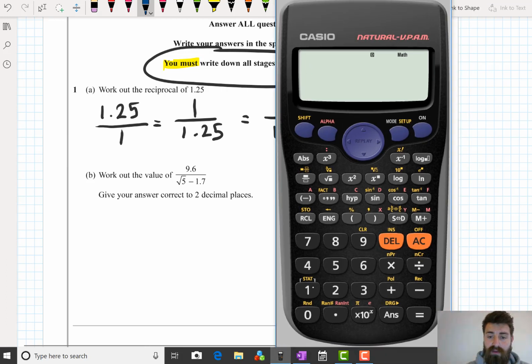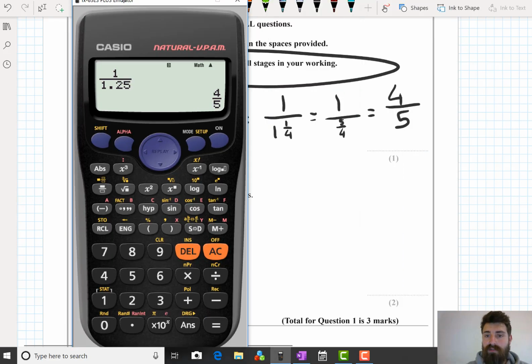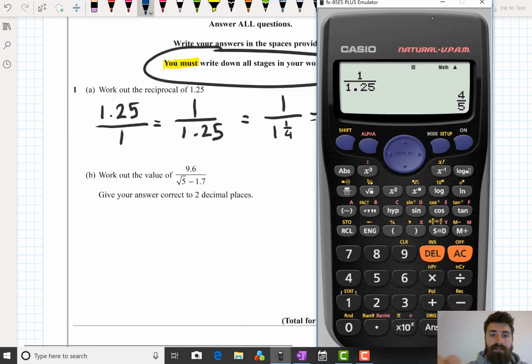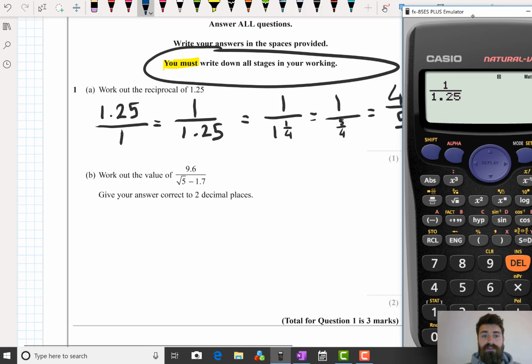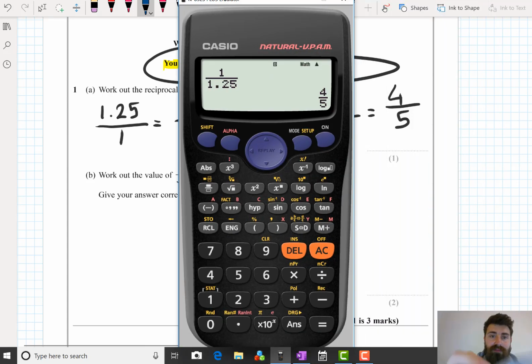I think any of these answers will be acceptable, but if you didn't know, so if we were to do 1 divided by 1.25, which is actually 1 over 1.25, it is 4/5, as we can see here. But any of those will be acceptable. They're all reciprocals. 1 over 1.25, 1 over 1 1/4, 1 over 5/4, or 4 over 5. They're all acceptable.